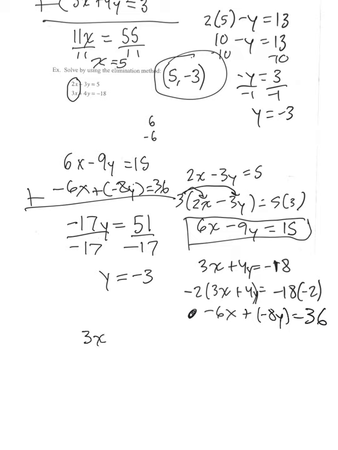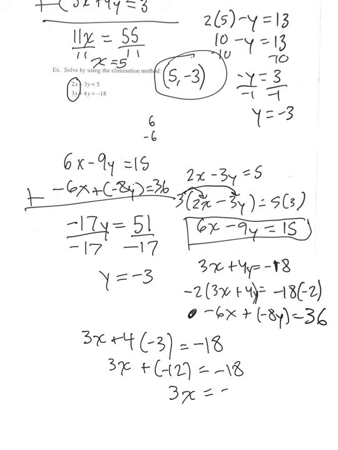So 3x plus 4 times negative 3 equals negative 18. Now all I have to do is solve for x. So 3x plus negative 12 equals negative 18. Add 12 to each side, and I end up with 3x equals negative 6, and x equals negative 2.